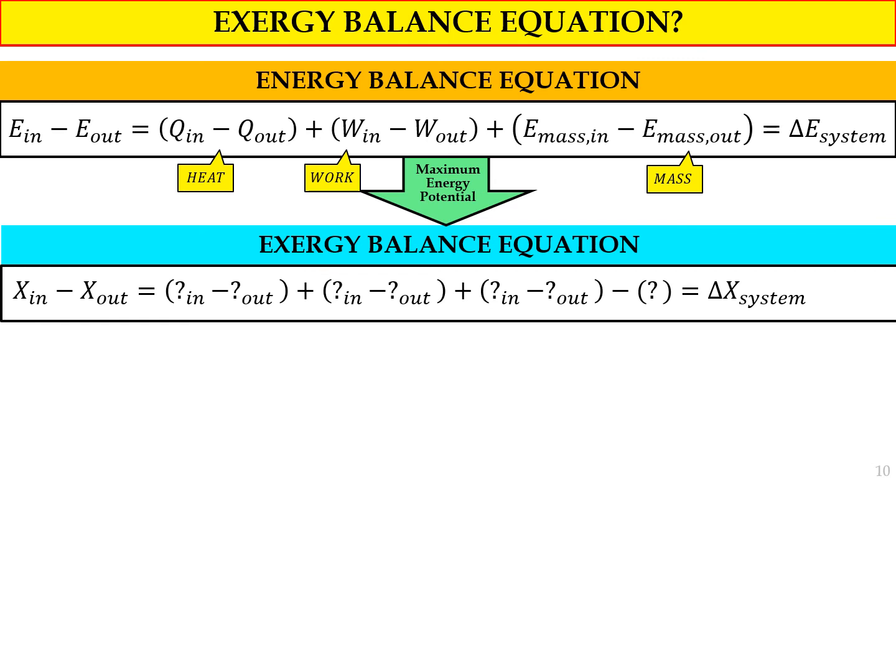It should also have heat energy in and out, work energy in and out, and also mass flow rate in and mass flow rate out. Minus, we have one more term there, and then equal to delta X system, which is the exergy balance equation.